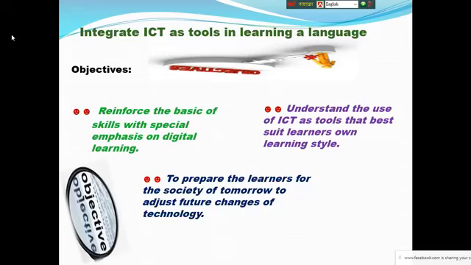I want to recap the last class. Our last class topic was integrating ICT as a tool in learning a language, where the objective is to emphasize the basic skills with special emphasis on digital learning.